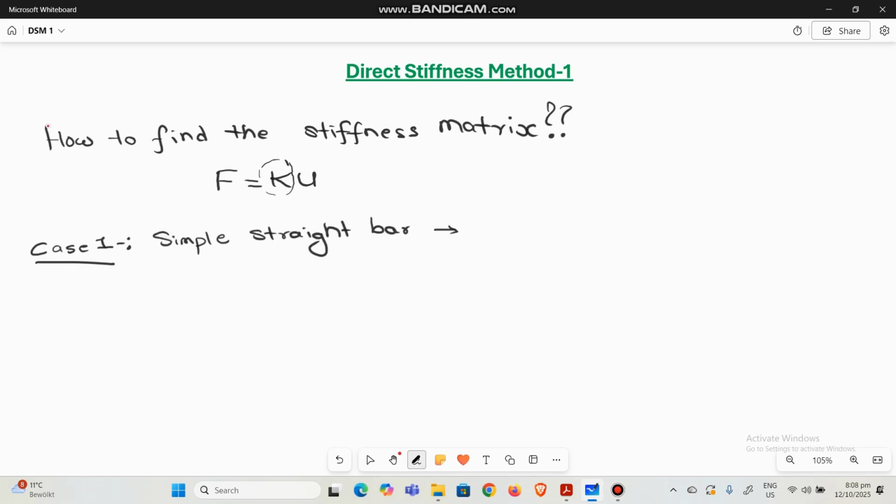For example, if we have this bar, which is a simple bar, and we have two nodes here, and the characteristics are it has the area of A, elasticity E, and the length is L. Okay, so what else do we have here?